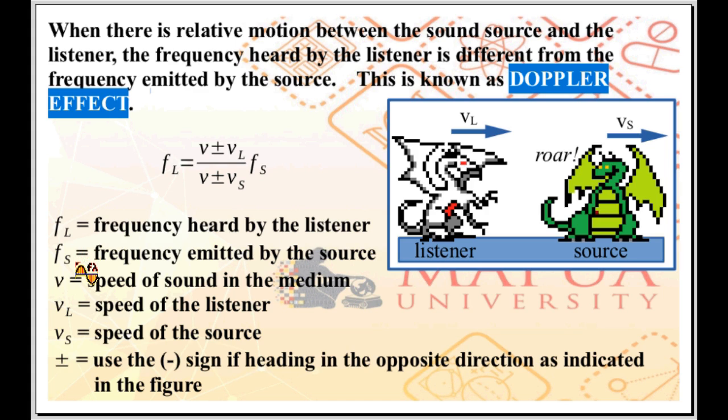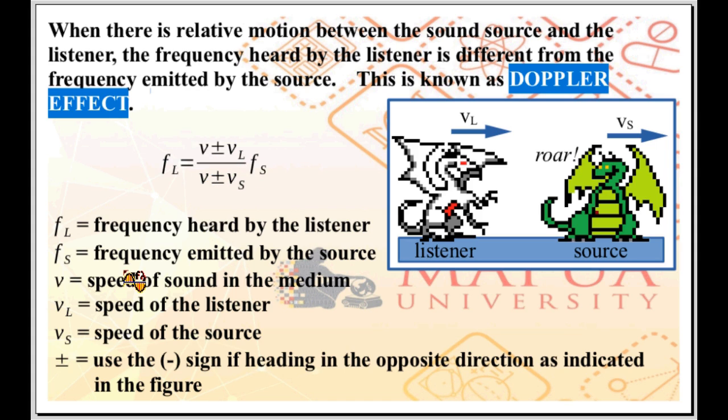The relationship between Fs and Fl is given by Fl is equal to V plus minus Vl all over V plus minus Vs multiplied by Fs. This equation is known as the Doppler effect equation.